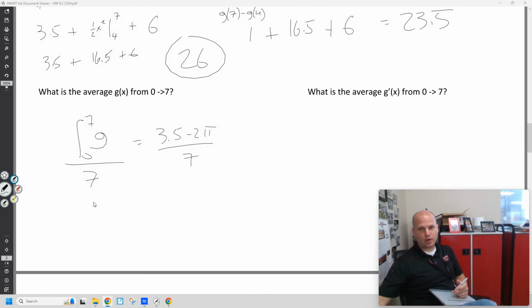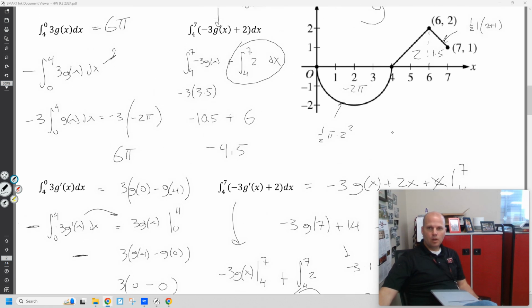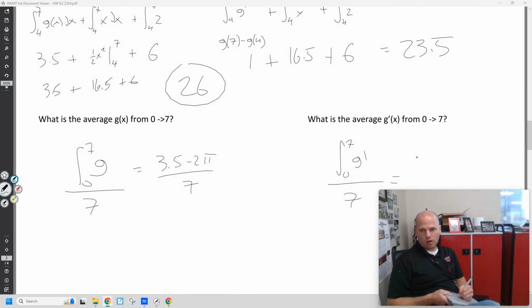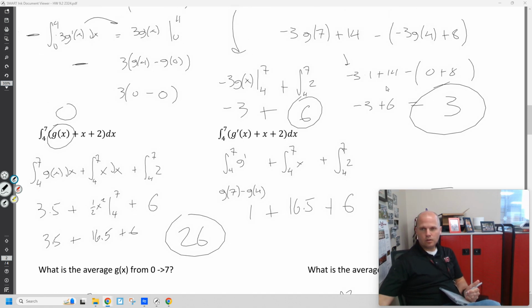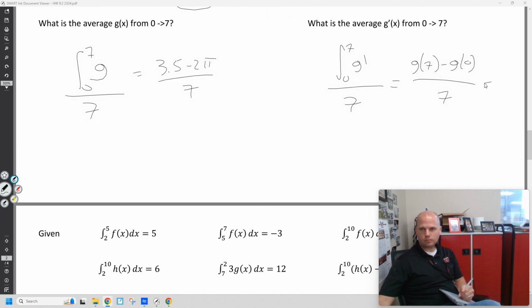What's the average g prime from 0 to 7? Well, accumulate g prime over your interval. This will give you the average g prime. I don't have g prime. So I realize, oh, this is g of 7 minus g of 0 over 7. G of 7 is 1, g of 0 is 0, so this is 1/7.